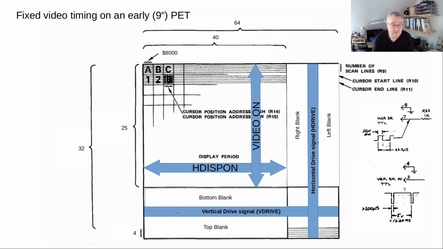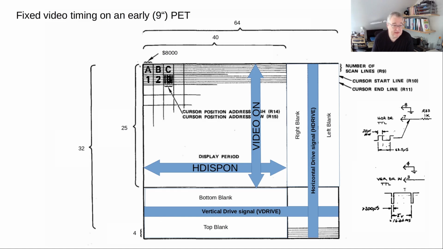Then the vertical drive signal needs to be created for the monitor, and you can see the timing here on the right. This is also 20 raster lines, and then the top blank, because during vertical sync the monitor actually moves the electron beam up to the top again.